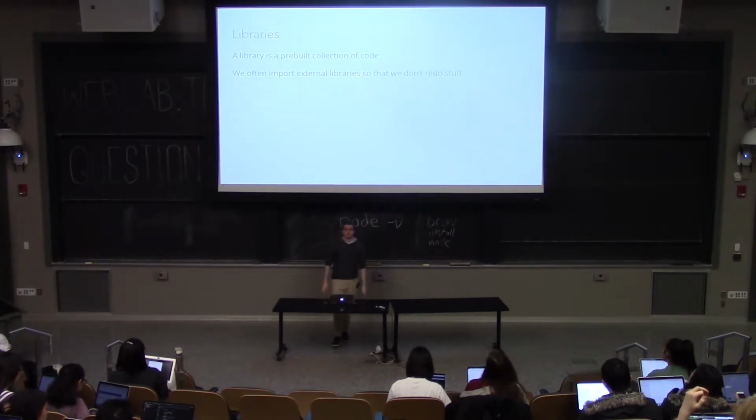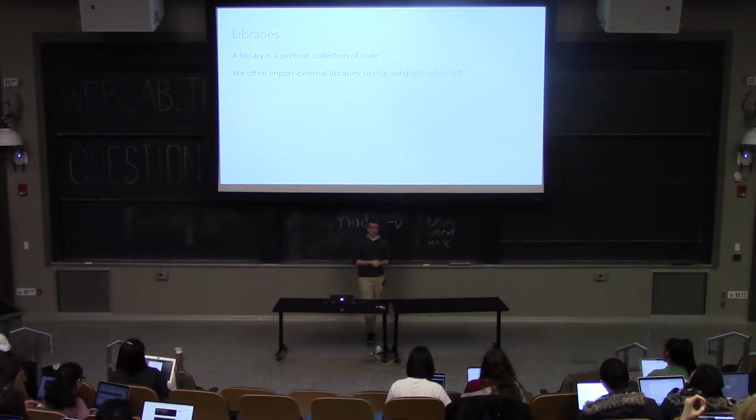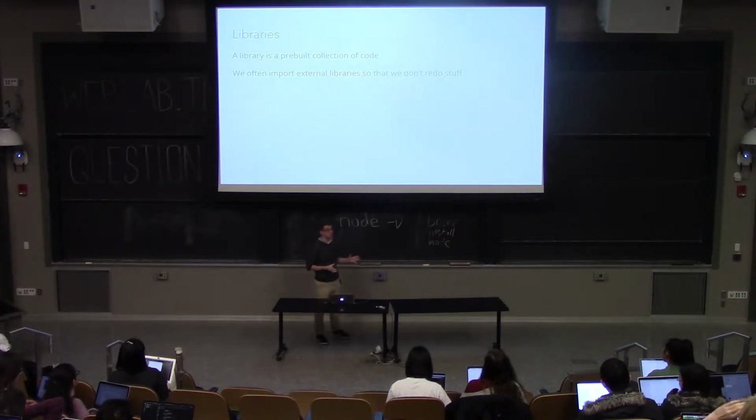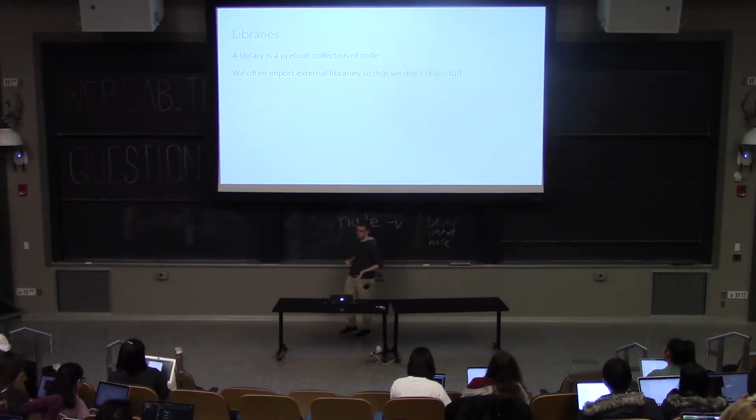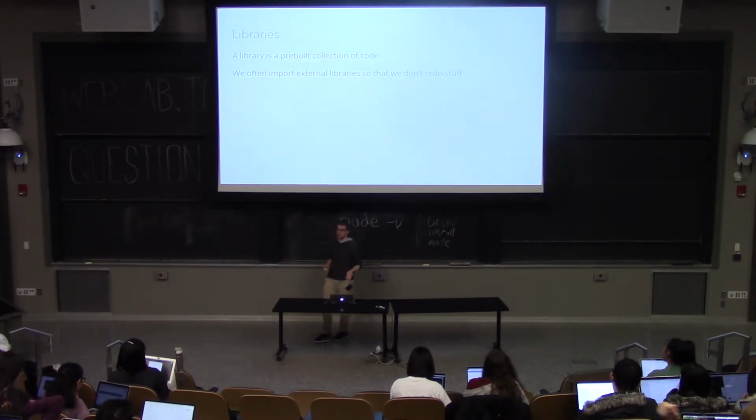So really quickly, we're going to talk about libraries in general. When we're programming, a library is a pre-built collection of code that someone else has written. And they're really important because a lot of times we're doing similar stuff. Say I want to multiply matrices a lot.